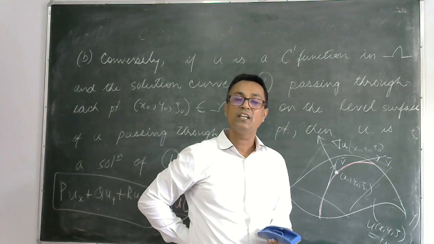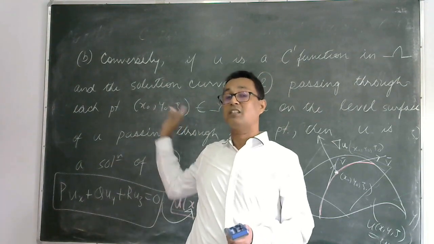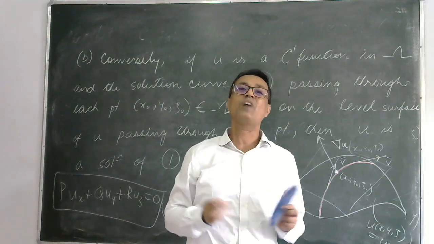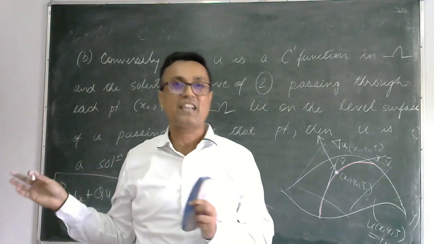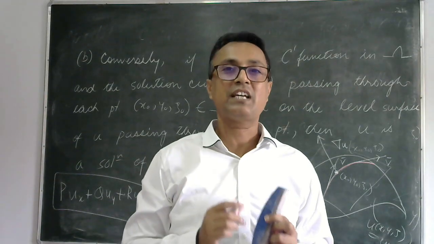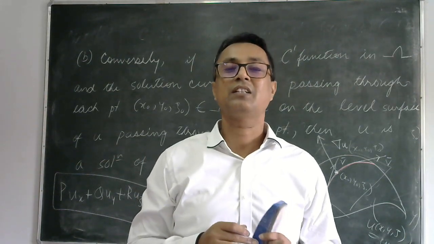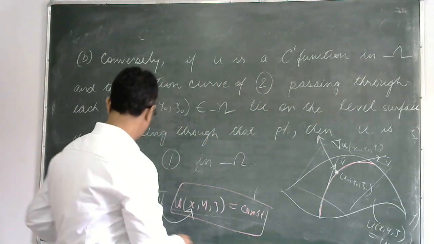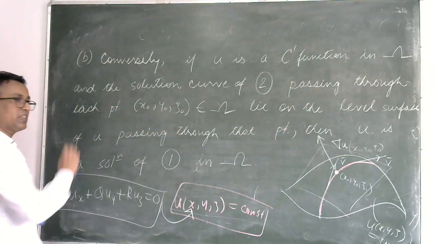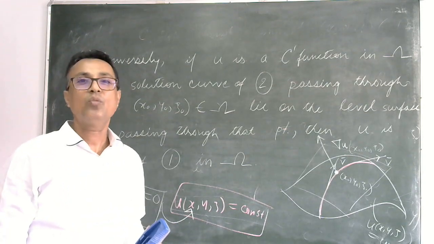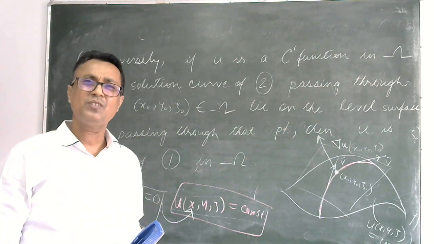And since I have been giving this information in the theory statement part, that it happens at each point, this is going to be satisfied for all x, y, z in omega. Is it okay?